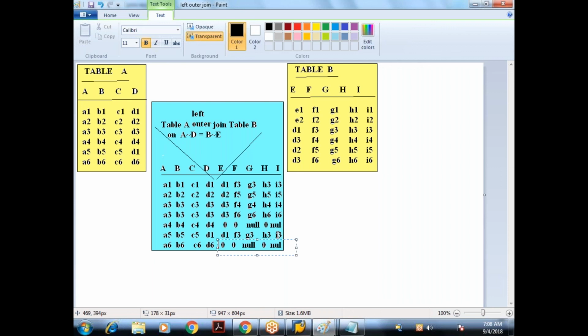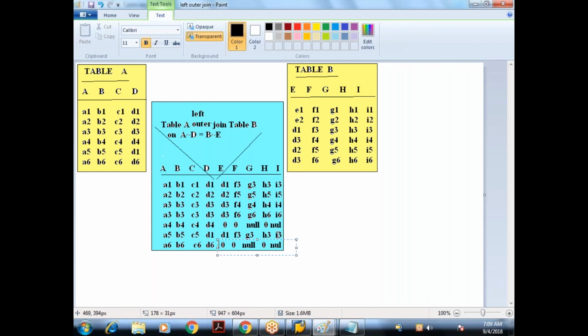So when do we go for left outer join? When you want to retrieve each and every record from the left hand side table. When do we go for inner join? When you want to pick up only matching rows between the two tables. Left outer join will retrieve all the records from the left hand side table.